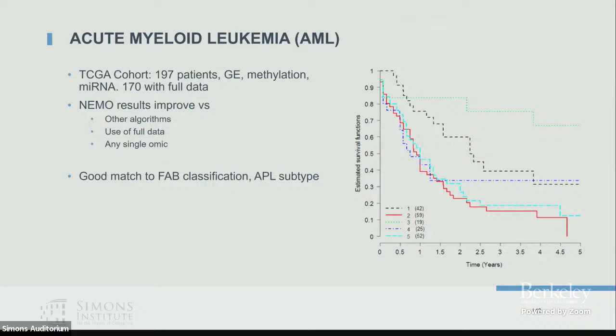And here Nemo performed better than all the other algorithms, better than using just the 170 samples with the full data, and better than any single omic separately. And when we compare the results to the French-American board classification of AML and to our known subtypes APL, we both got a good match.